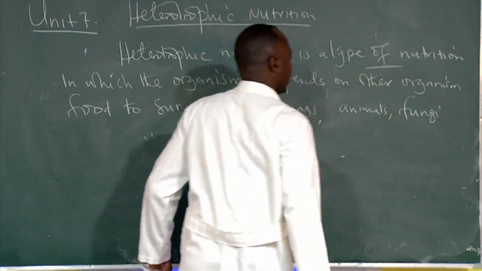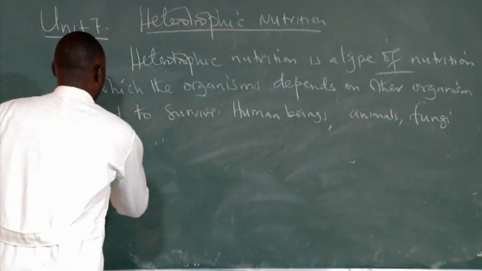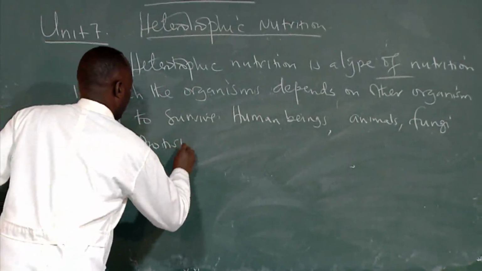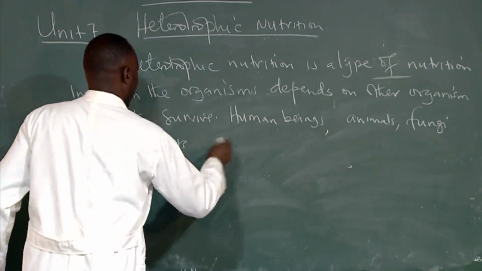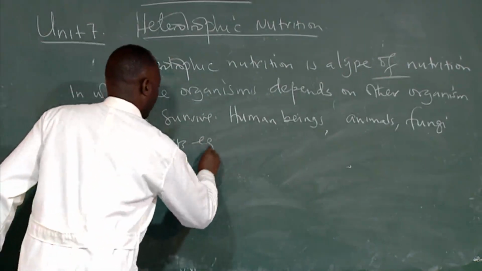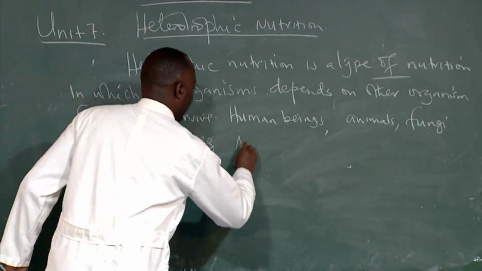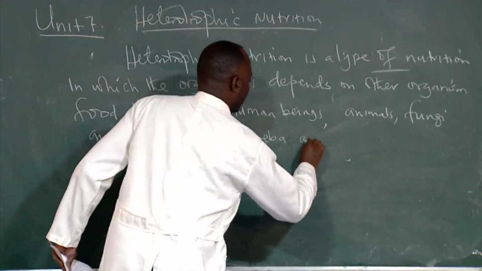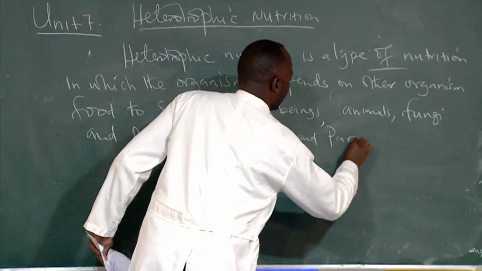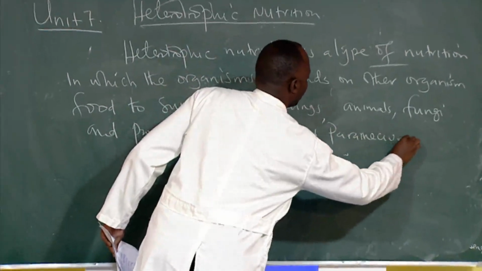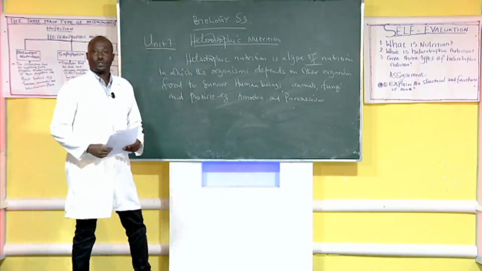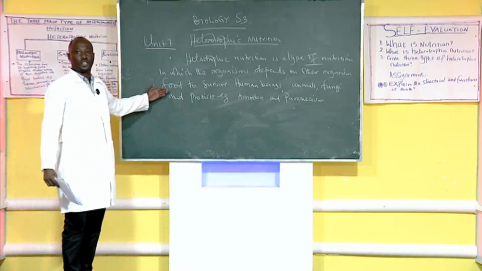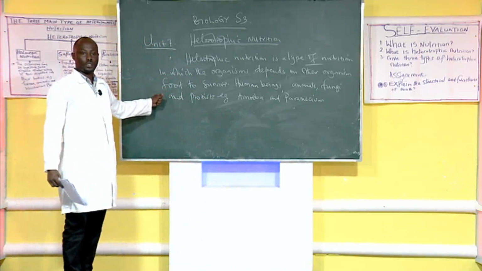Good. And protists, for example amoeba and paramecium. So these are the examples of heterotrophic nutrition.